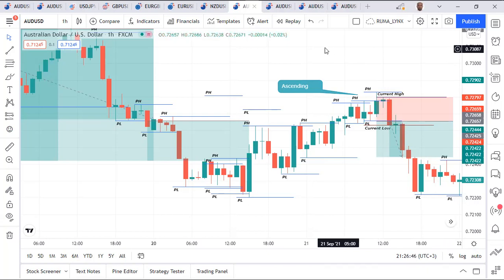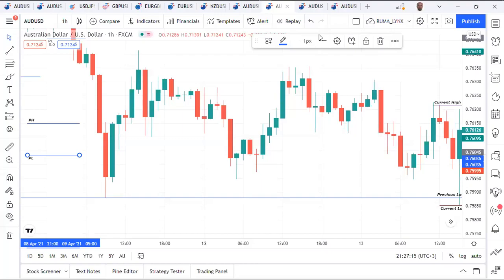All right, quickly, I'm going to show you the second example. The second example is a mid-sized break with a small wick.